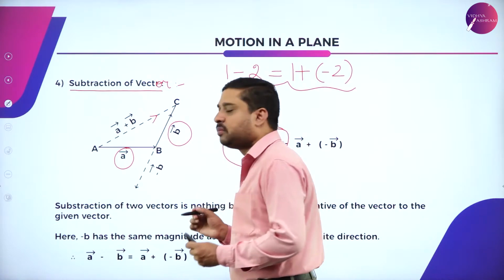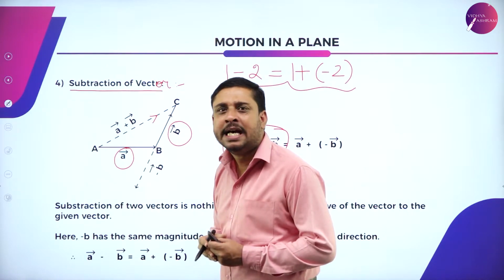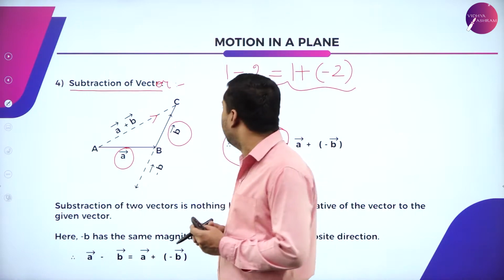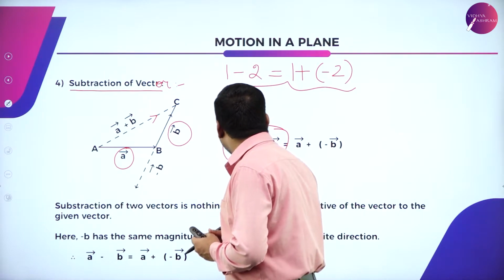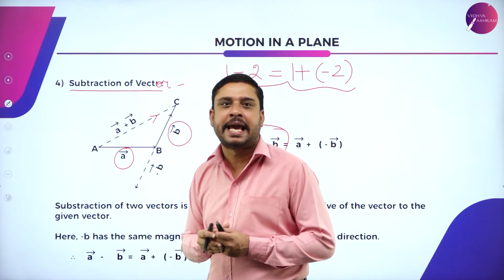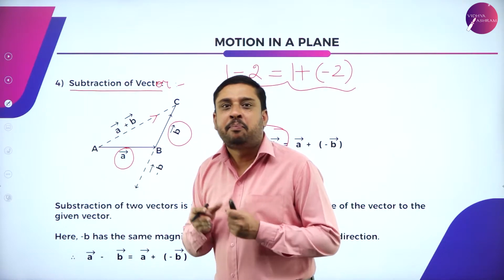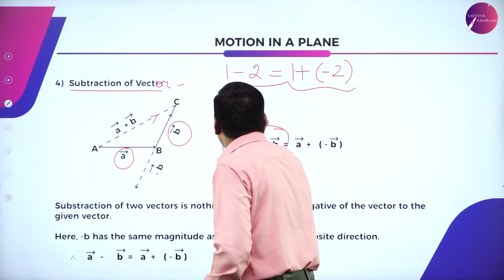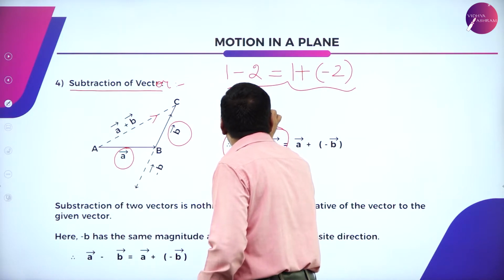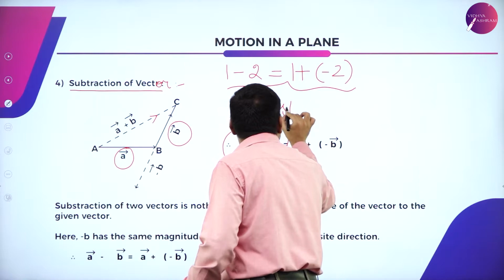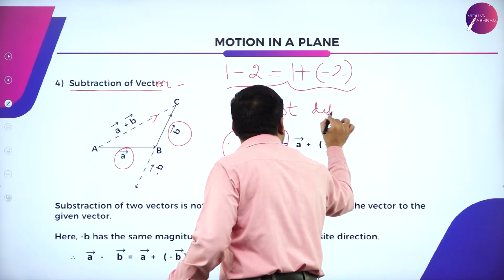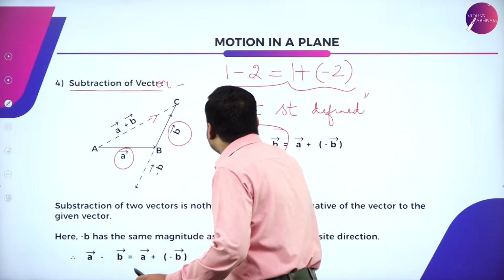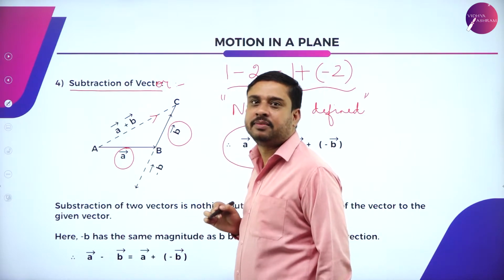But what if I have to subtract two vectors? Vector A minus vector B. Please understand, subtraction is not straightforwardly defined when it comes to vector algebra.